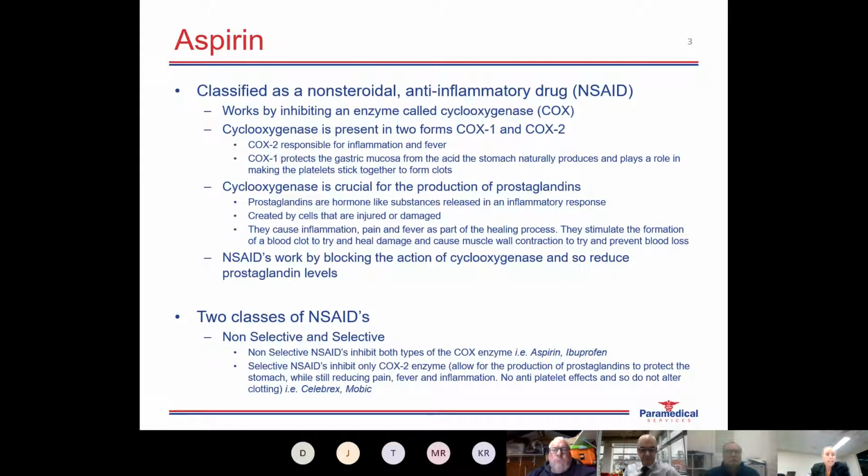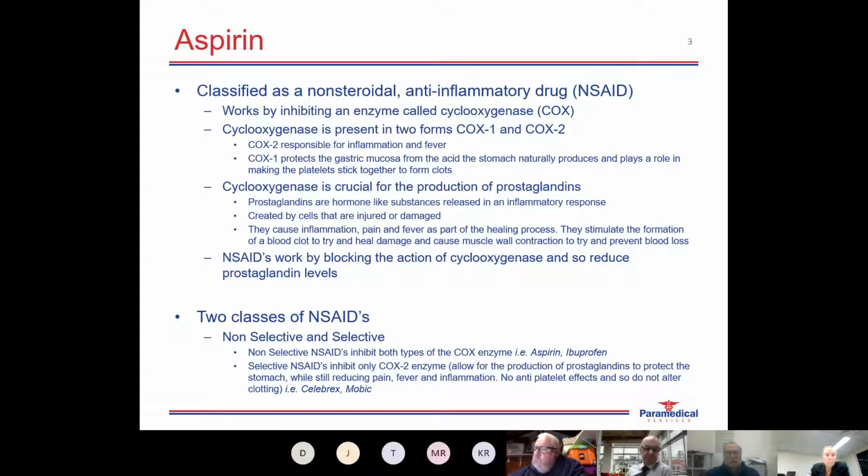It's classified as a non-steroidal anti-inflammatory drug, and quite often you'll see the shortened term NSAID. It works by inhibiting an enzyme called cyclooxygenase, or COX for short. Cyclooxygenase is present in two forms, COX1 and COX2.